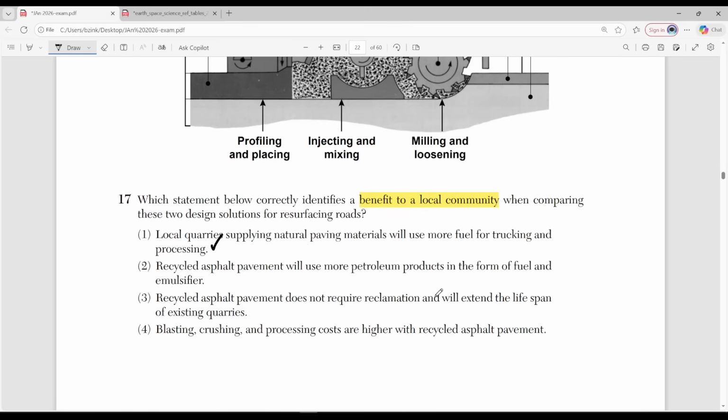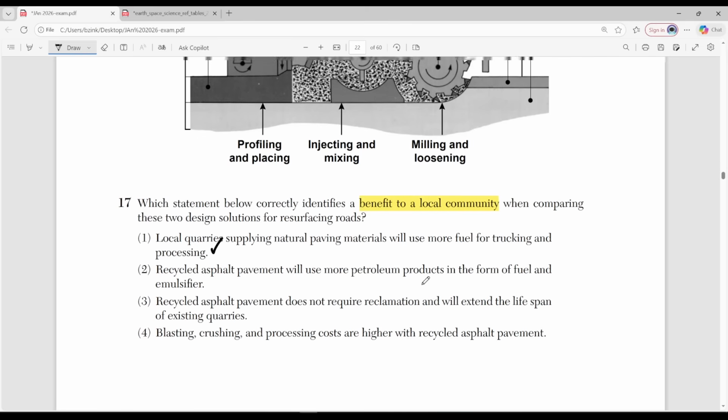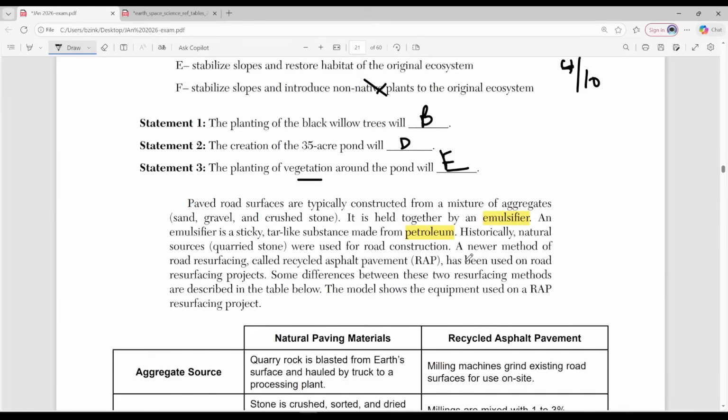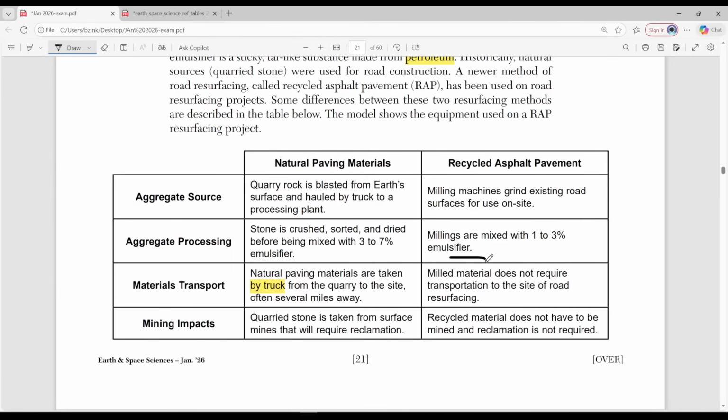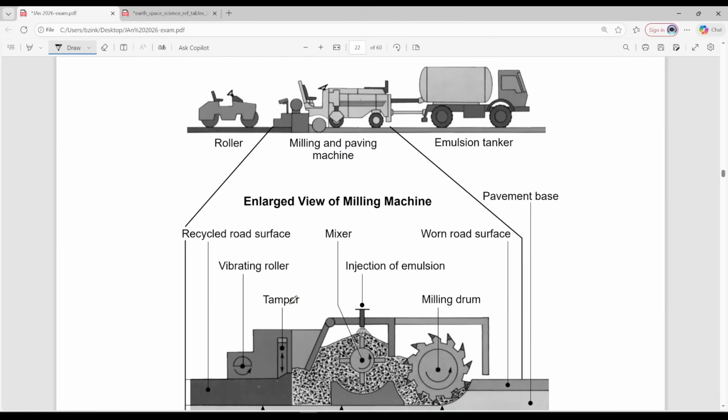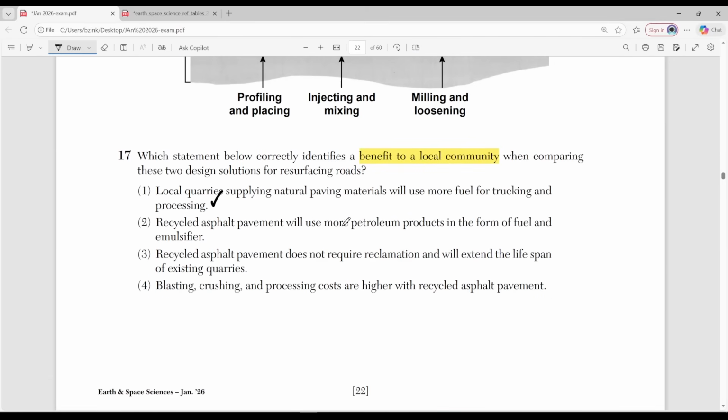Recycled asphalt pavement will use more petroleum products in the form of fuel. And where did we say that? The emulsifier. Yeah, see? But this is 1 to 3%, and this is 3 to 7%. So there's more in natural paving. So this is not true.